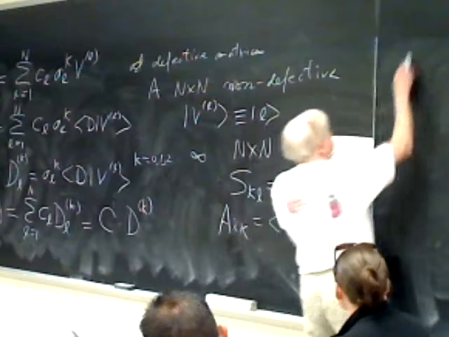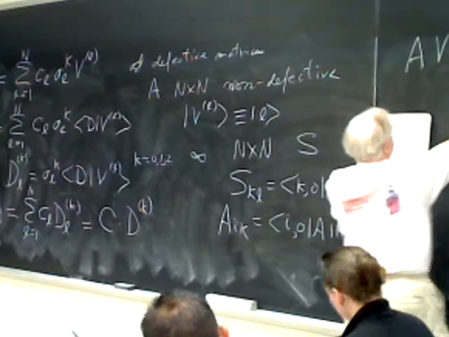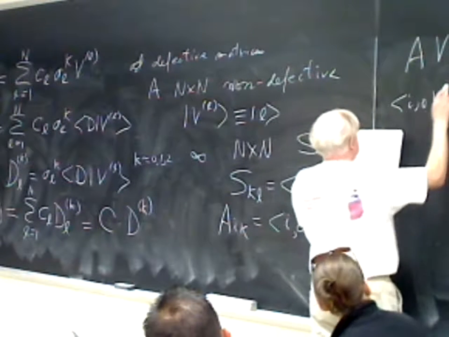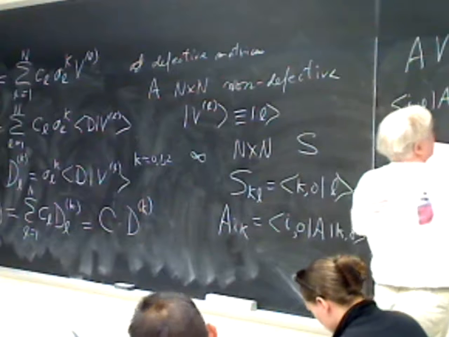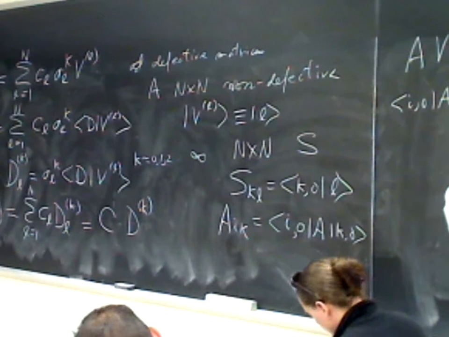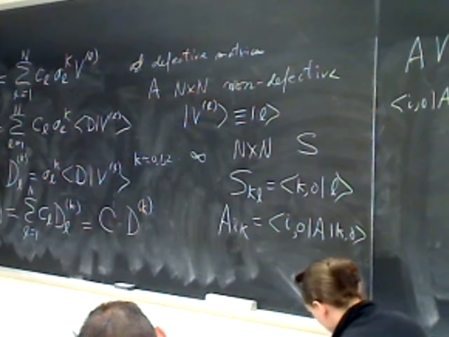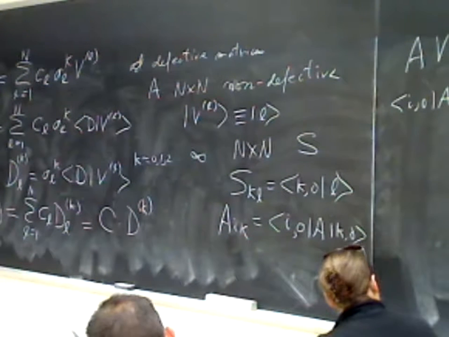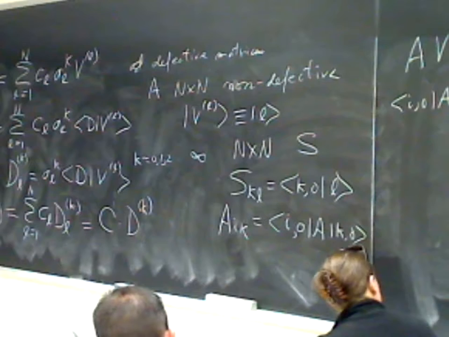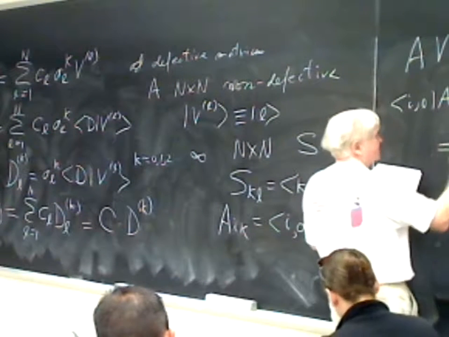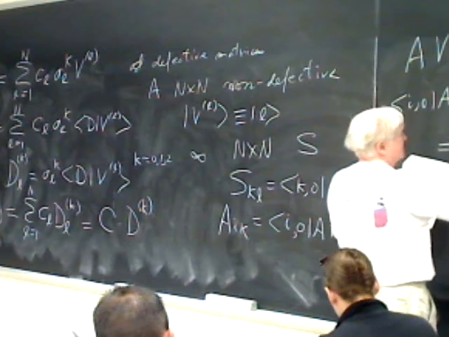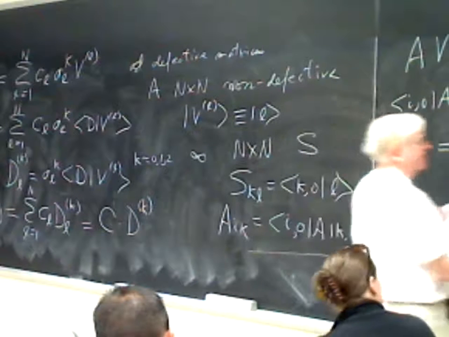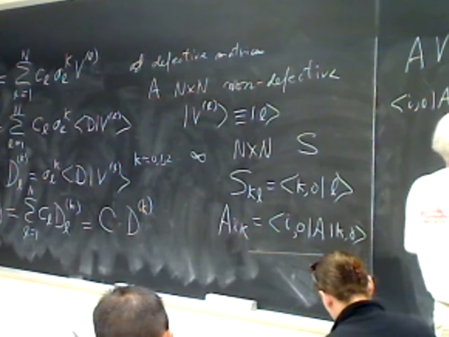we can take the equation A V_L equals a_L V_L, and we can say the inner product of I with A V_L is I A, where we just put in an identity in the form of the sum over K from 1 to n of K K, and then we have the inner product with the vector L. That's just the sum K equals 1 to n of A_IK times S_KL.